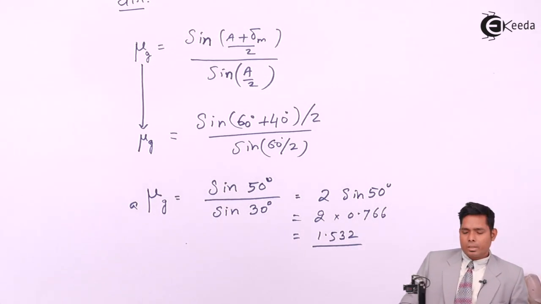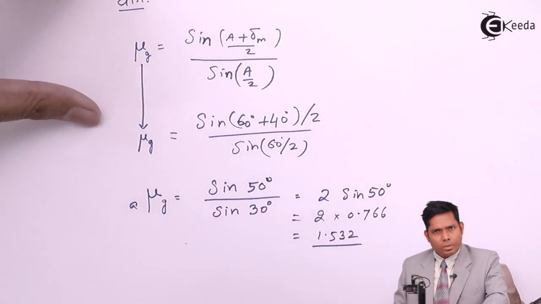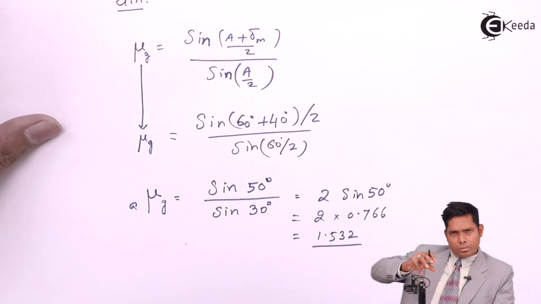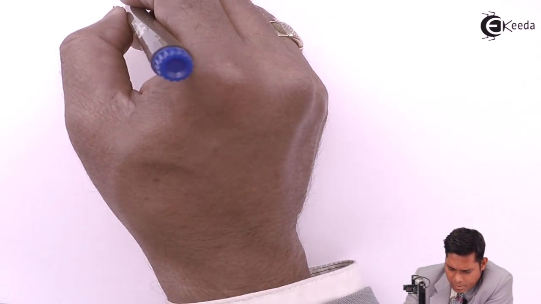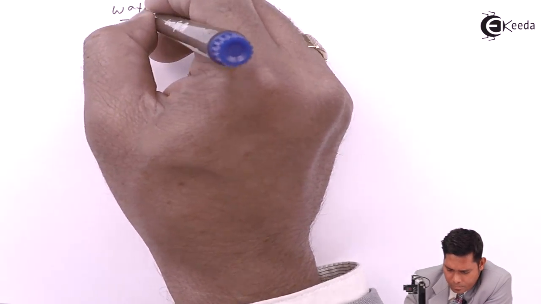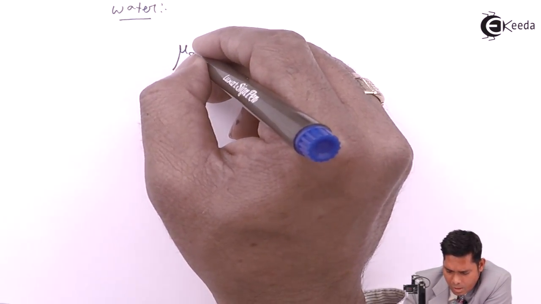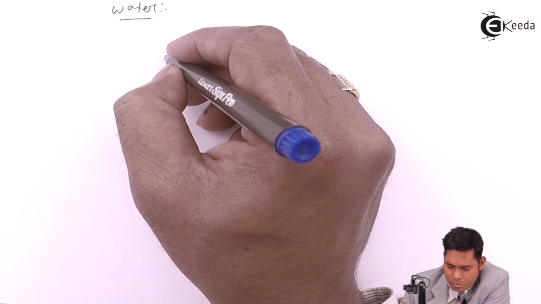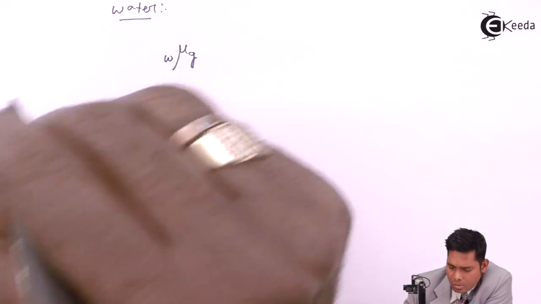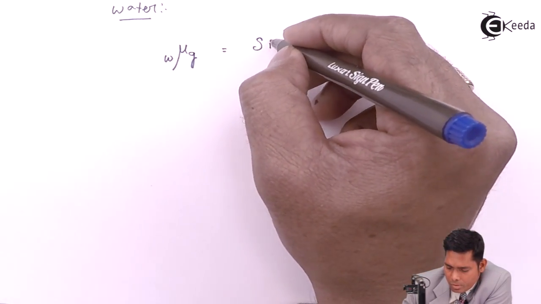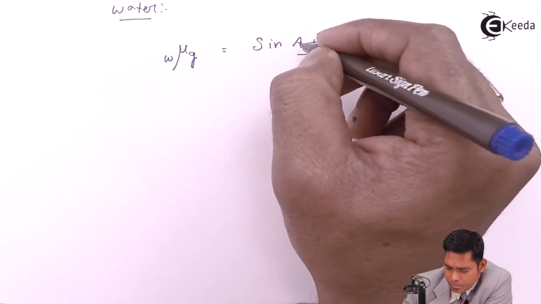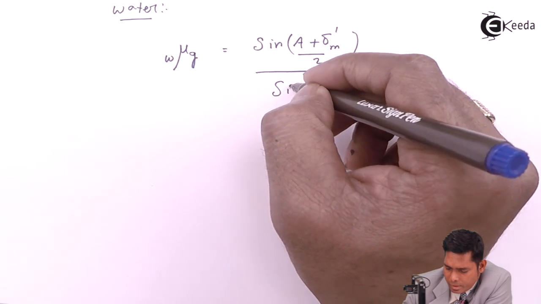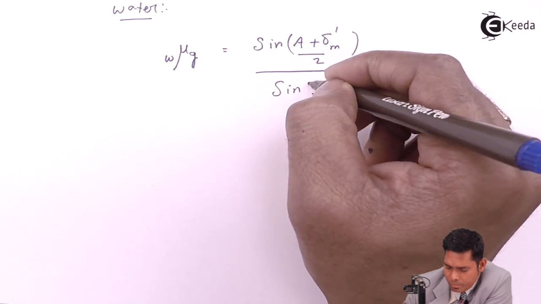But now when that prism is suspended in water, we will consider the refractive index of glass with respect to water. And in that case, what is the angle of minimum deviation? So in second case, when prism is in water, the mu of glass, that is the prism, with respect to water you have to find. Therefore, here it will be sine of (A plus delta m prime) divided by 2 divided by sine of A by 2.